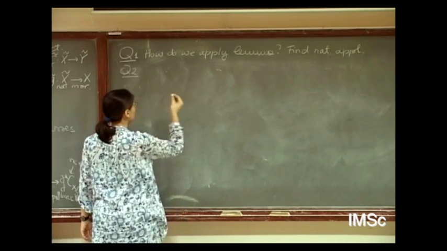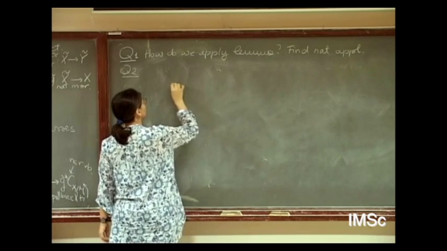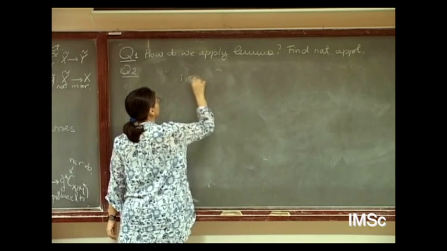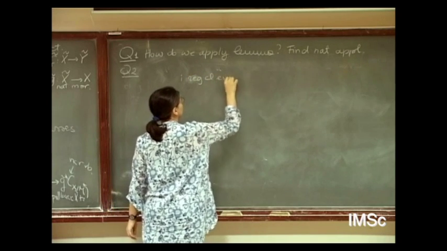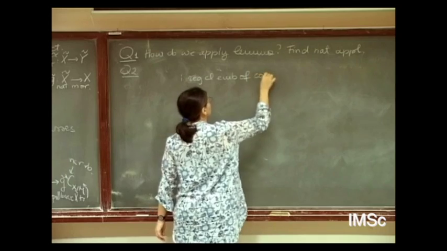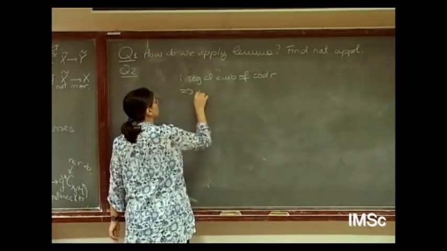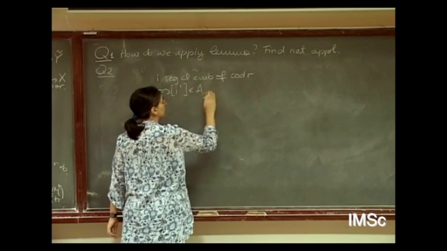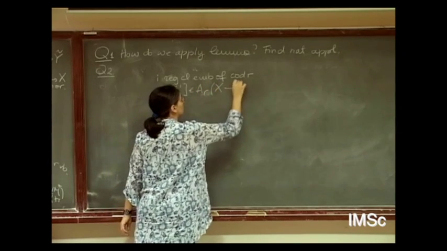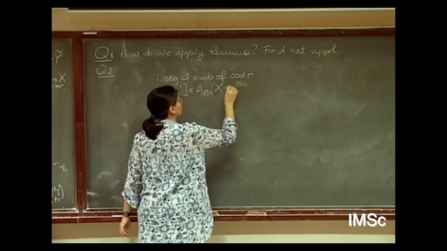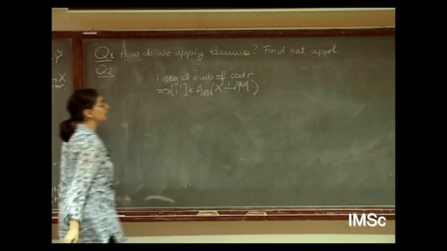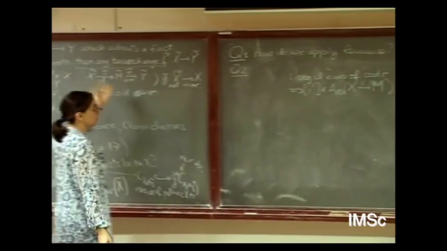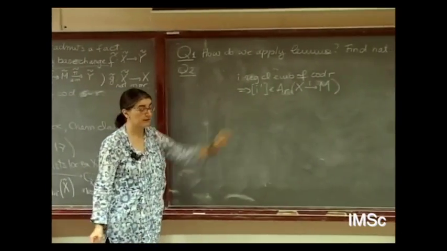So what you do first is, first of all, you prove that if i is a regular closed embedding of codimension r, then you get a class i upper shriek in A^r of X to M. So this is kind of the first step, the case where we already start with a closed embedding and we work with that.